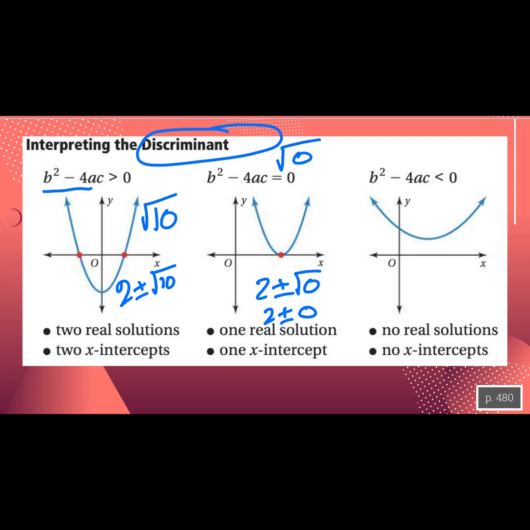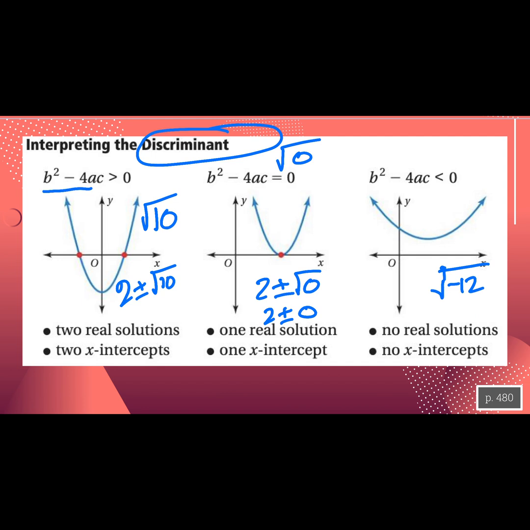If our discriminant is less than 0, so if it's a negative number, then what do we talk about? We also looked at an example like this yesterday. If it's a negative number, we can't square root a negative. So we would say it has no real solutions.